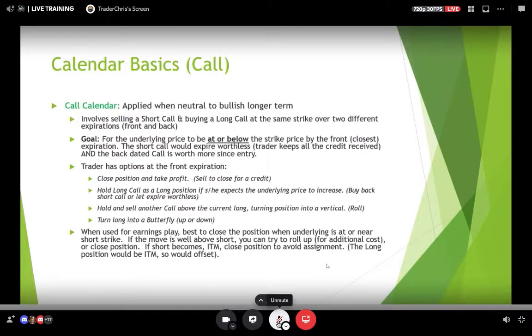Great. Okay, so I started doing calendars around earnings. That was my foray into it, because one of the hallmarks of a calendar, or when to use a calendar, is when you see disparities between the front and the back months as far as the IV. Whenever I put on a calendar for earnings, it could be the same week of the earnings or a few days before.